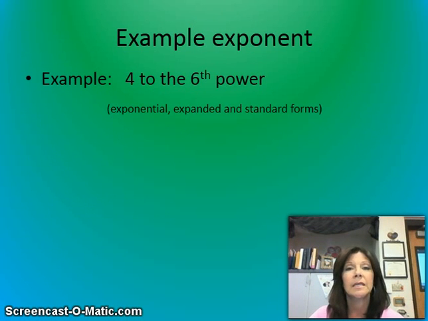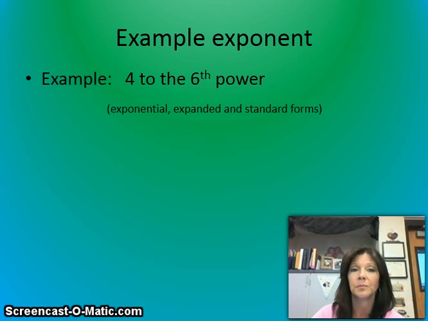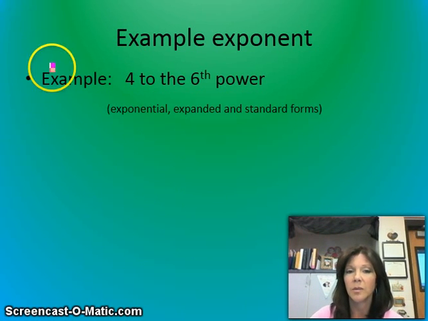All right, examples of exponents. Let's take a minute to do this because you're going to write down the exponential form, the expanded form, and the standard forms for all of these examples. When you're doing exponential form, you'll hear it said 4 to the 6th power.